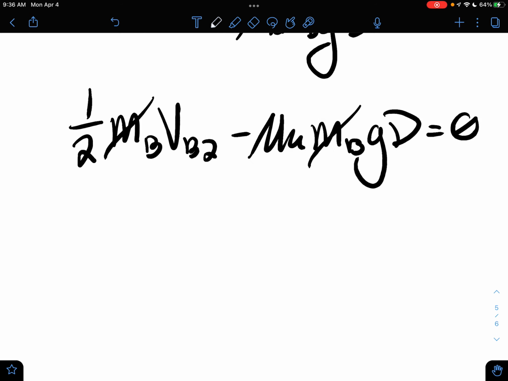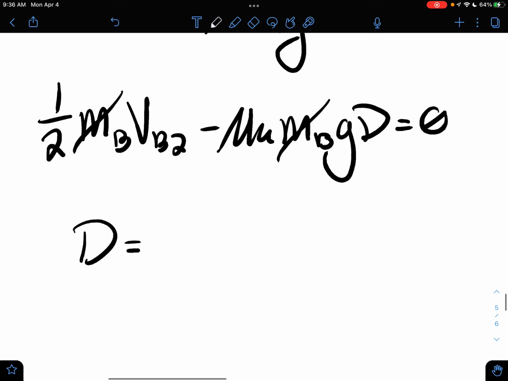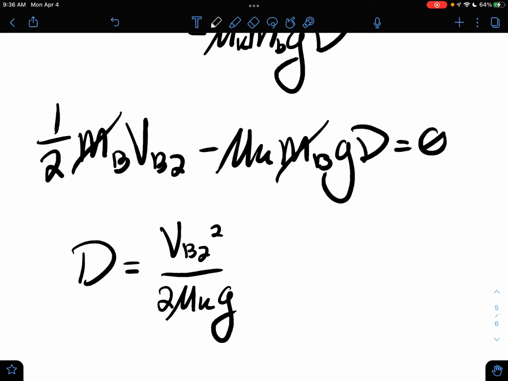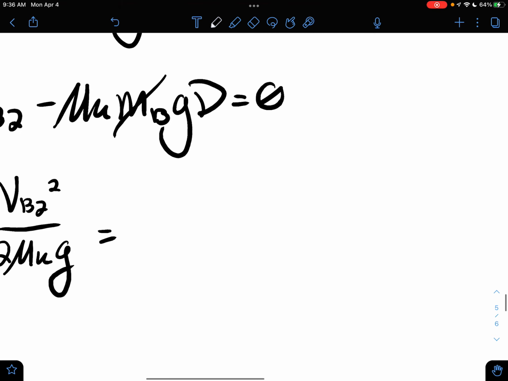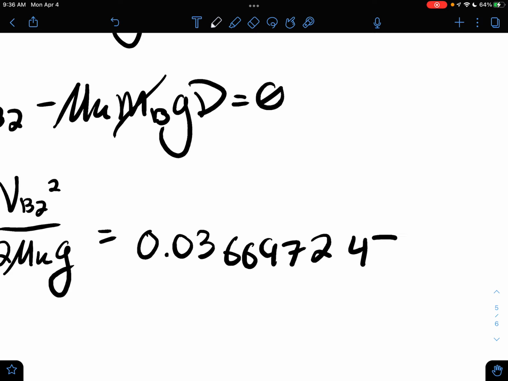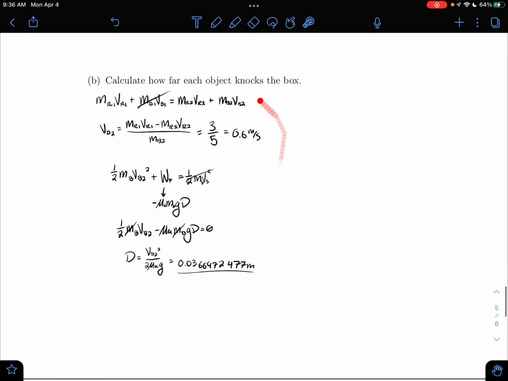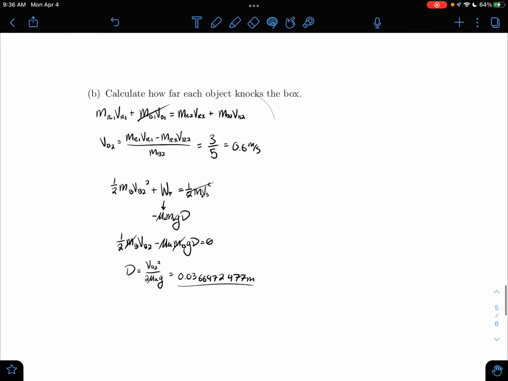With all of our algebra, d equals v_B2 squared over 2 mu_k g, which gives us 0.03669724777 meters. Cool. That's how far the rubber ball is going to knock the box.